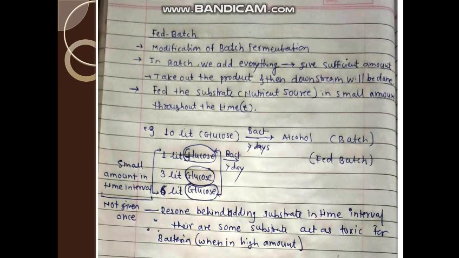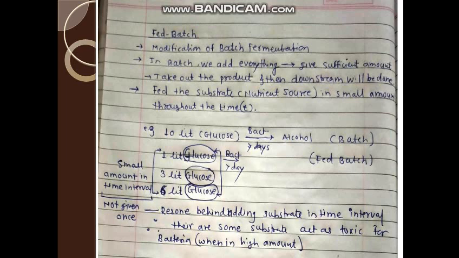Now the question is why we add substrate at different time intervals. The answer is that some substrates act as toxic for bacteria when we add them in bulk amount, or all at once.